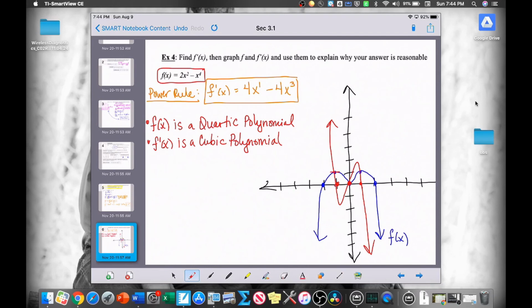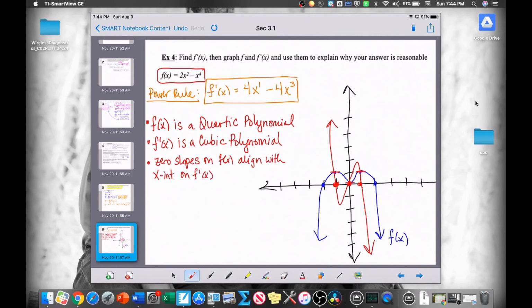Zero slope, x-intercept, zero slope, x-intercept, zero slope, x-intercept, okay? So let's add that to our list. Zero slopes on f of x align with x-intercepts on f prime of x, okay?